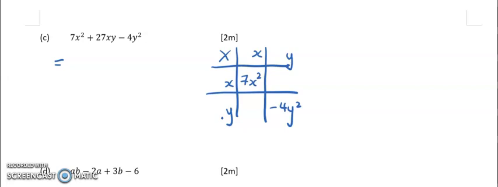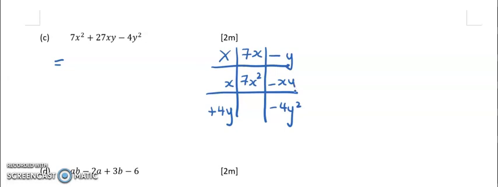So when I use the calculator, it gives me positive 1 over 7. So I'm going to write a negative 1, and the 7 I'm going to write here. I repeat, the calculator actually gives me 1 over 7, so I put a negative 1 here, then I put a 7 here. The next number that the calculator gives me is negative 4, so I'm going to write a plus 4 here.